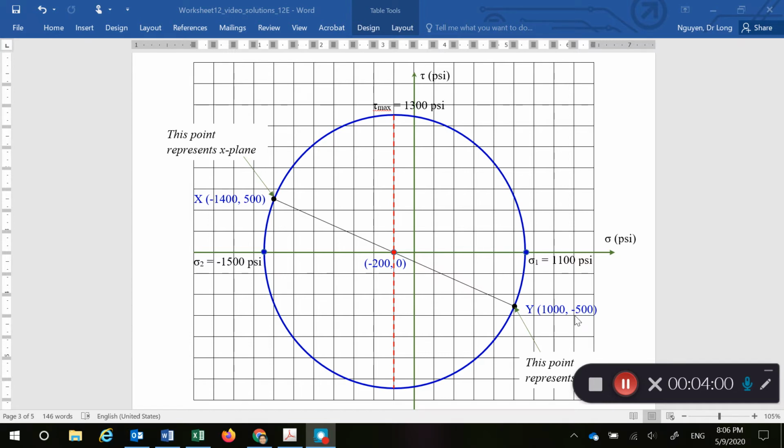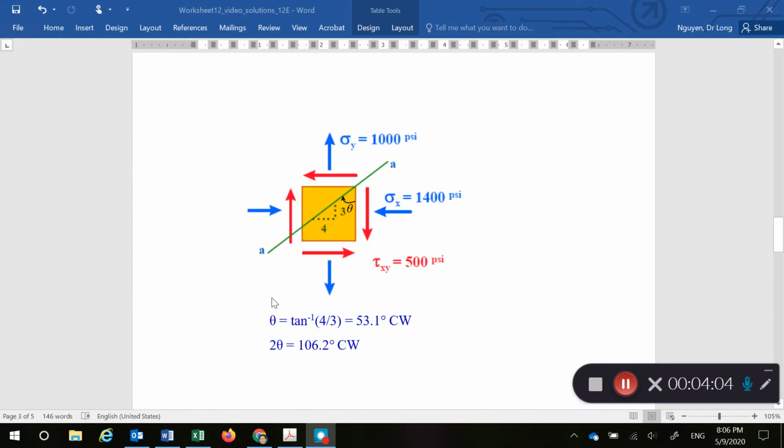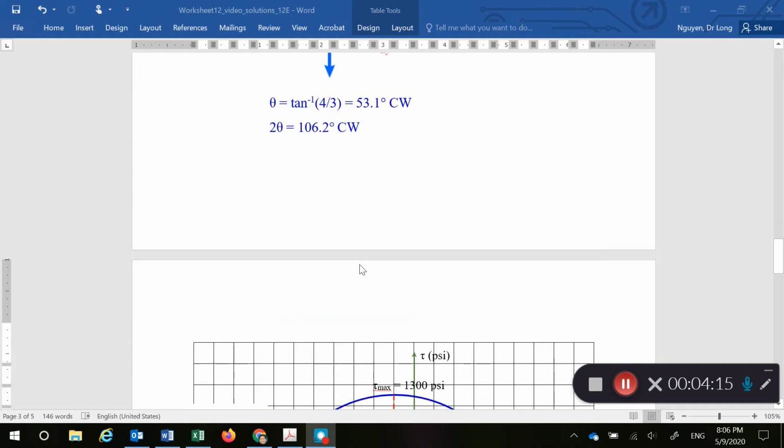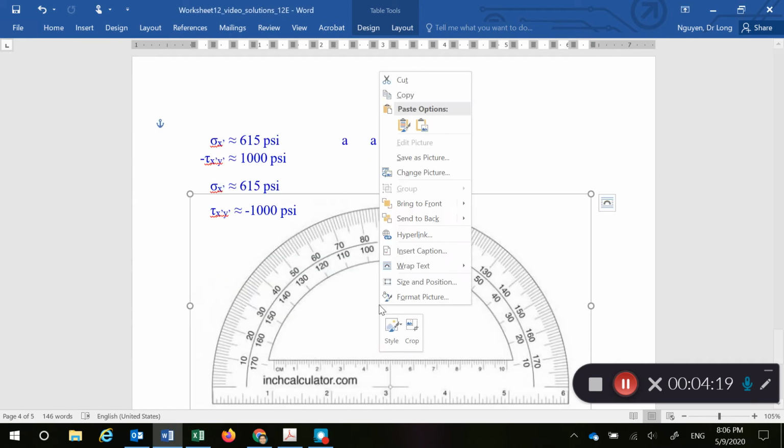And now, where is the AA plane? We need everything in the Mohr circle, so we have to use 2 theta, 106 degrees clockwise from the positive x-plane.